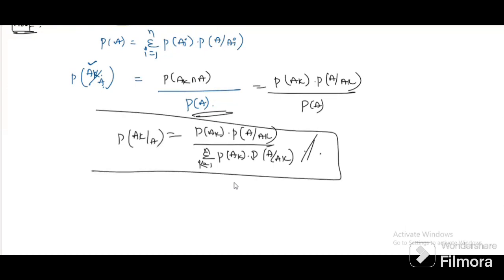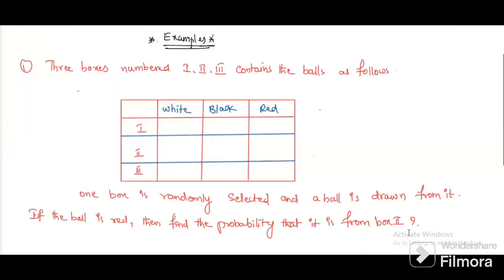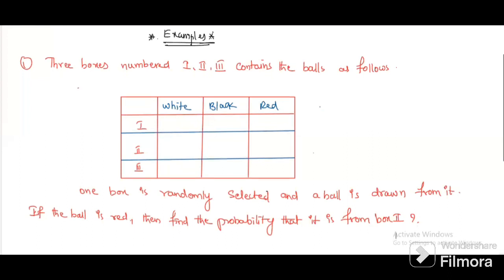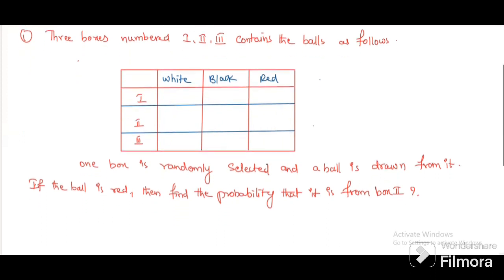So let's see problems on Bayes' theorem. Here is one problem. Three boxes numbered 1, 2, 3 contain balls as follows. In the first box, white balls 1, black balls 2, red balls 2.